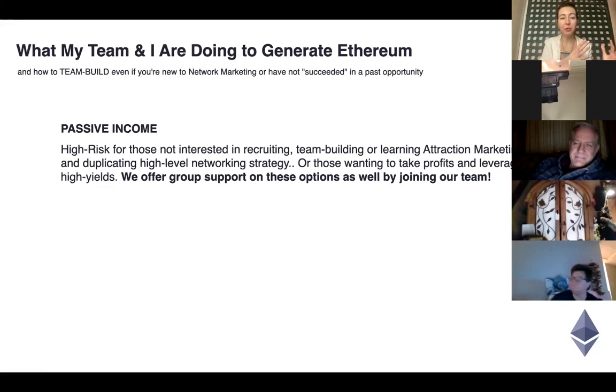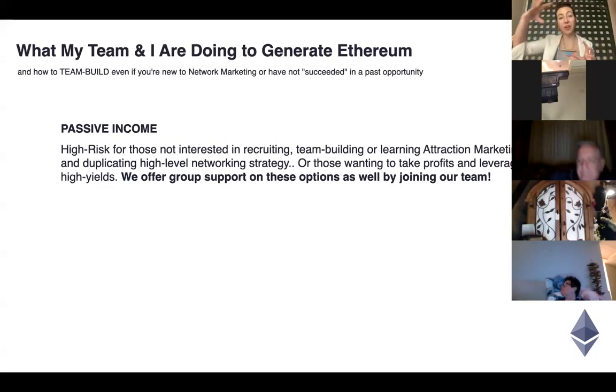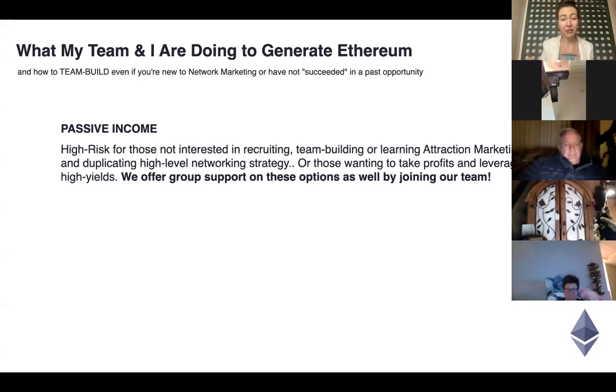The first passive option is profiting daily, and then we're taking that daily profit and reinvesting it into another platform that generates passive income. I don't have to do much other than just let my profit accumulate every day. So the high risk is for those not interested in recruiting, or as a side thing, like I'm saying, putting some profit in there.